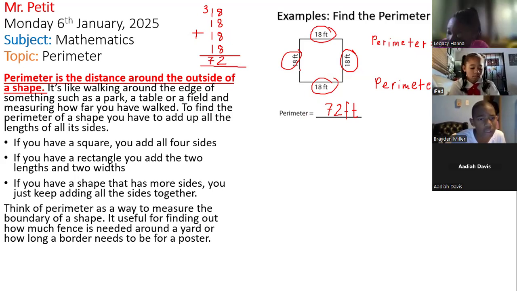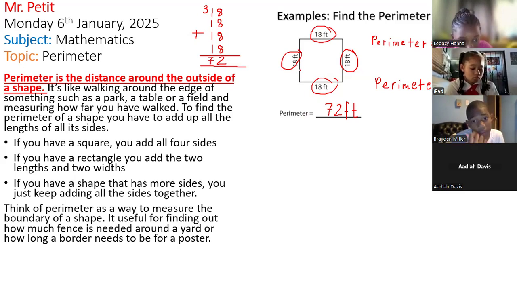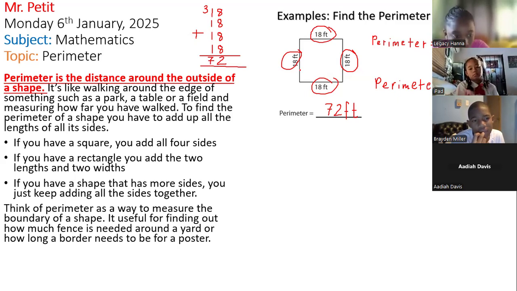You have to multiply or add all of the lengths in the shape, and your answer is the perimeter. Good. You add the side lengths. Yes, sir. Good.